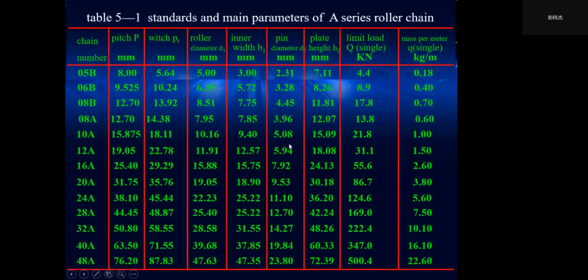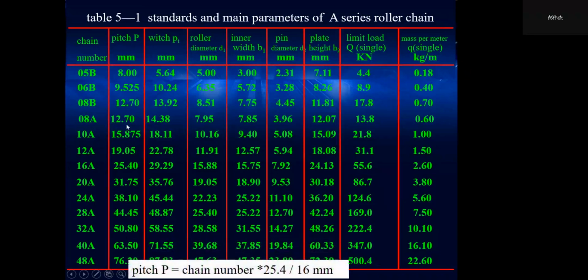And this table lists standards and main parameters of A series roller chain, and this is the chain number. This is series A, and this is series B. This is chain number, and this is the corresponding pitch.